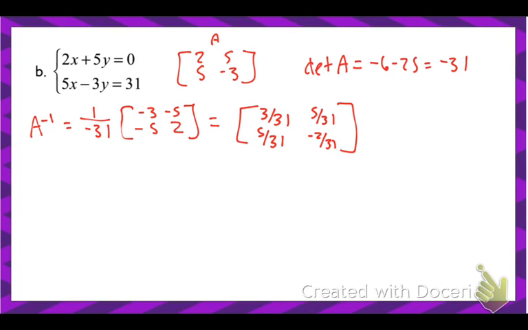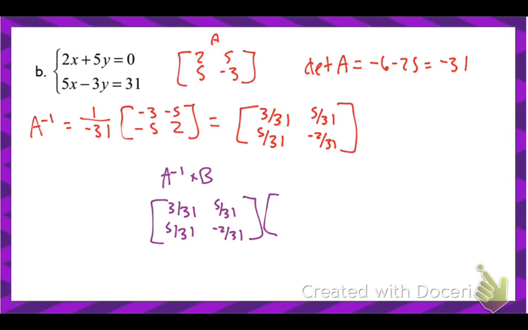To actually solve this system, it's A inverse times B. So there's A inverse, there's B, and then we'll actually multiply it.